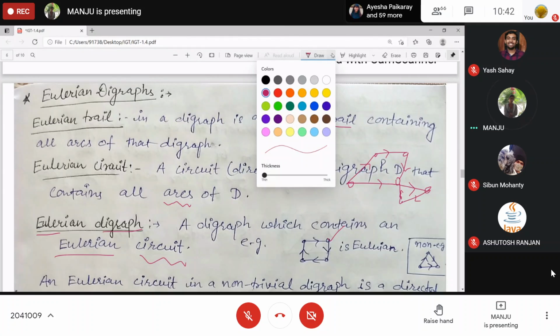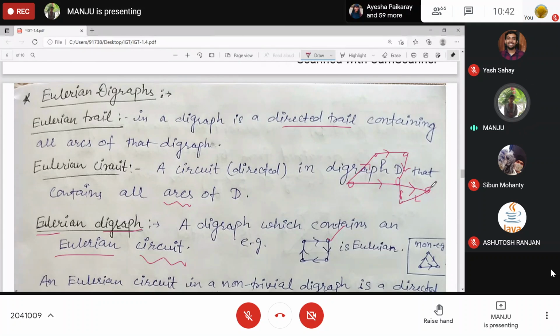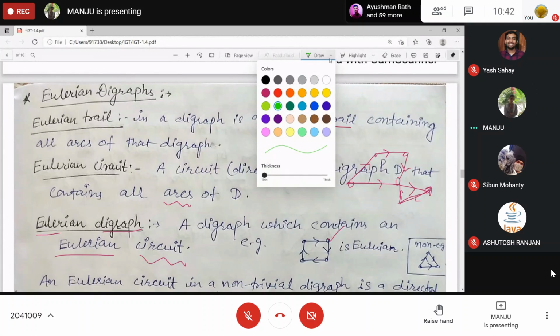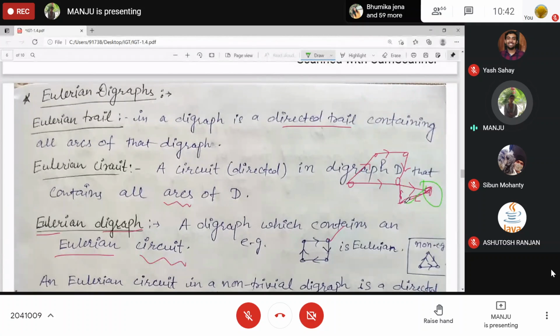If you start with this vertex or this vertex, you can go to this one, then you cannot traverse this one, right? That's why if I make this direction like this one, then it will be Eulerian. You can trace this one, this one, this one. Okay.